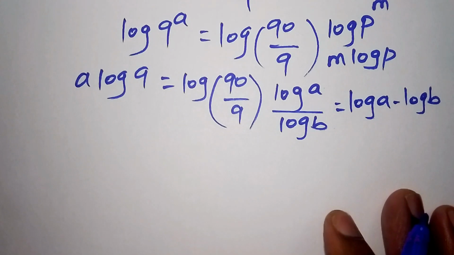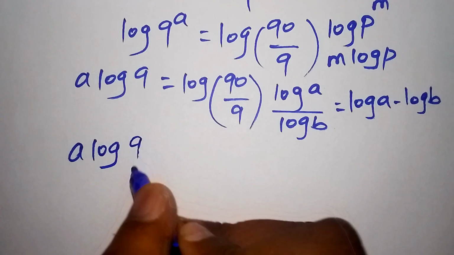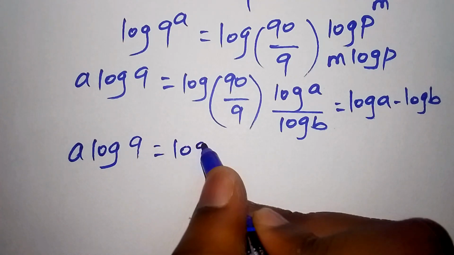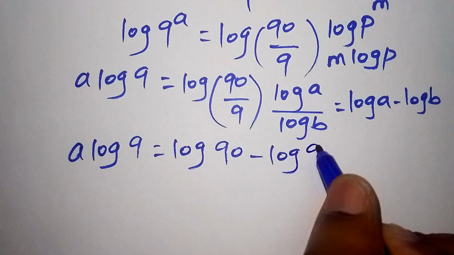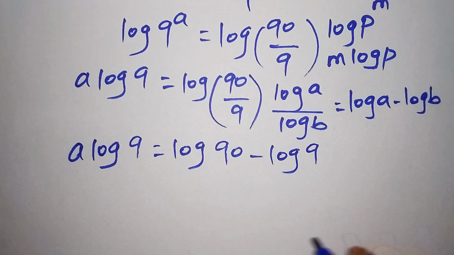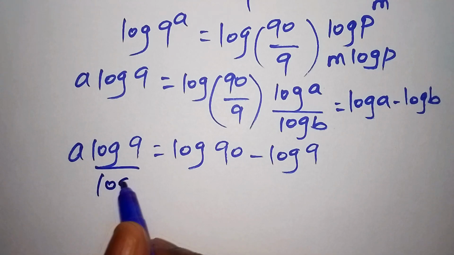So here we shall now have a log 9 equals the log of 90 minus the log of 9. In this case, for us to remove log 9, we shall divide both sides by the log of 9.